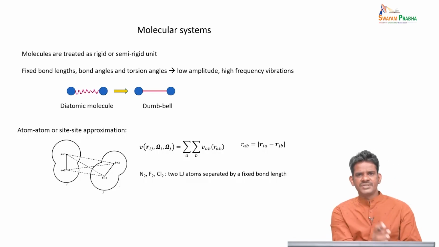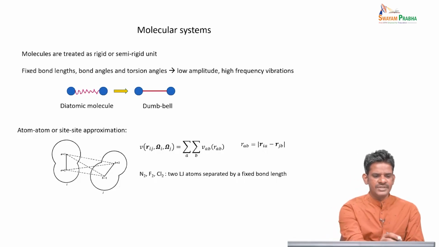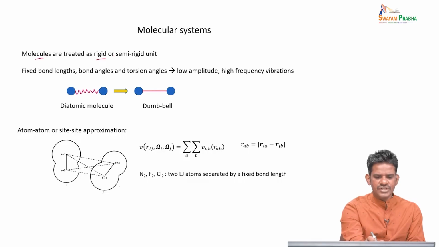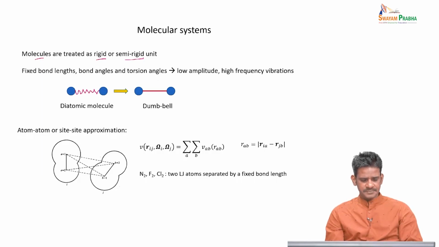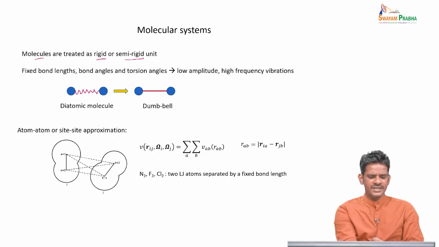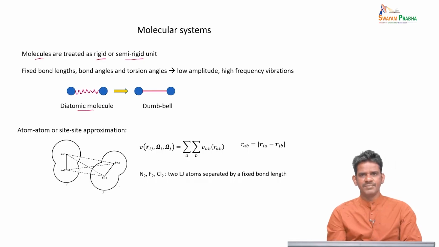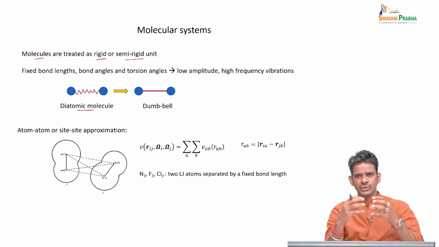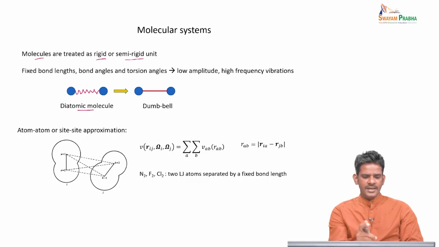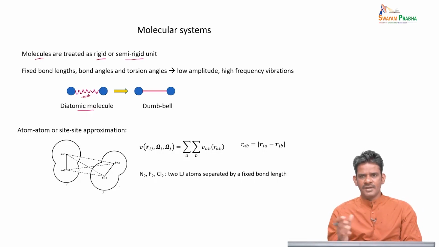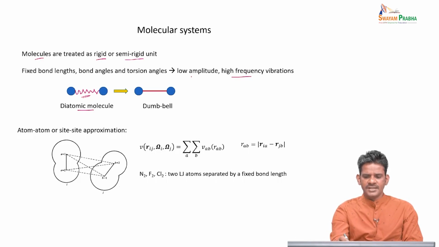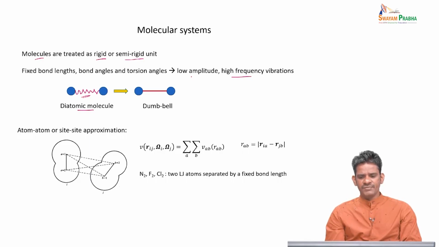The simplest description you can have of a molecule is to treat the molecule as a rigid or semi-rigid unit without really worrying about the variation of bond length and bond angle. For example, if you consider a diatomic molecule, something like nitrogen or oxygen, two atoms bound by a chemical bond, this bond will be fluctuating or undergoing vibrations with a very high frequency, but the amplitude of these vibrations is going to be very, very low.